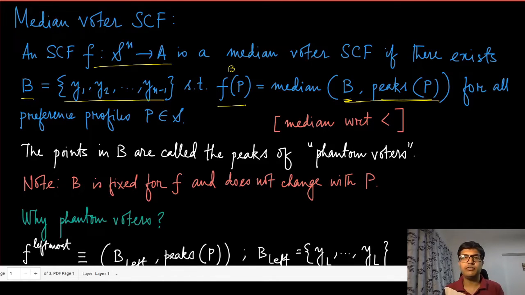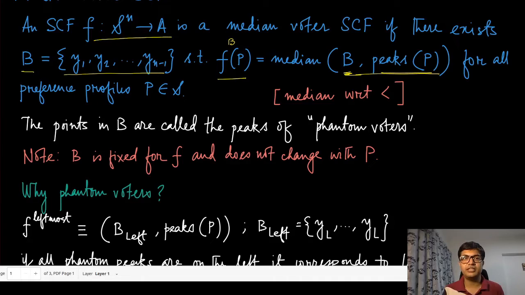And similarly, if you want to pick the median of the agent peaks, then you can pick half of the phantom peaks to be on the left, half the phantom peaks on the right. Of course, depending on whether n is even or odd, you can adjust accordingly, but that will give you the median of all the agent peaks.